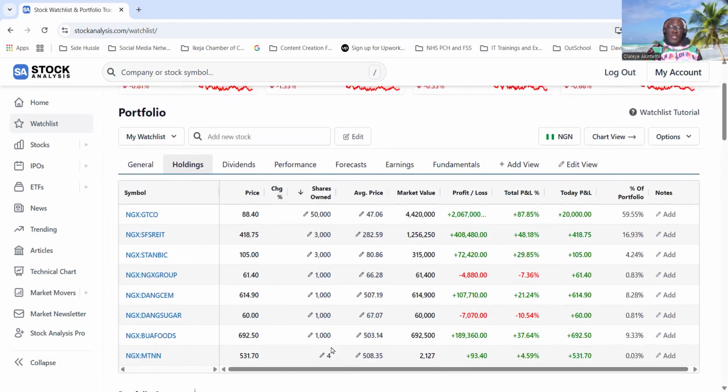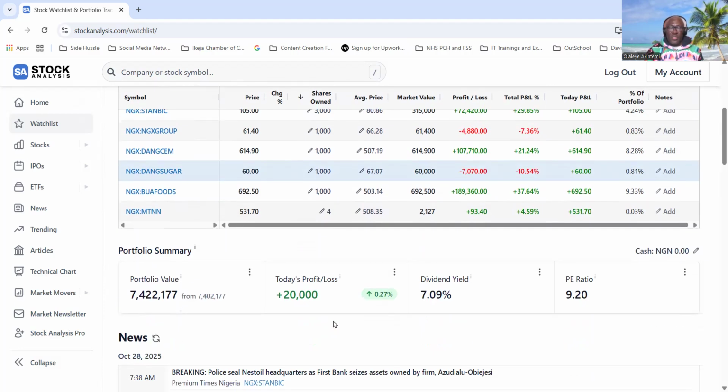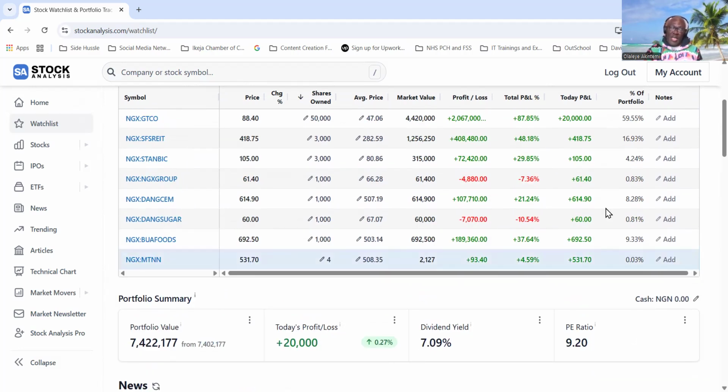Remember, the price of the stocks goes up and down, so this figure will be different on a daily basis. If I come back tomorrow and log into my stock analysis account, this figure will be different. Maybe tomorrow the profit or loss might be 25,000, maybe 30,000, maybe only 5,000.